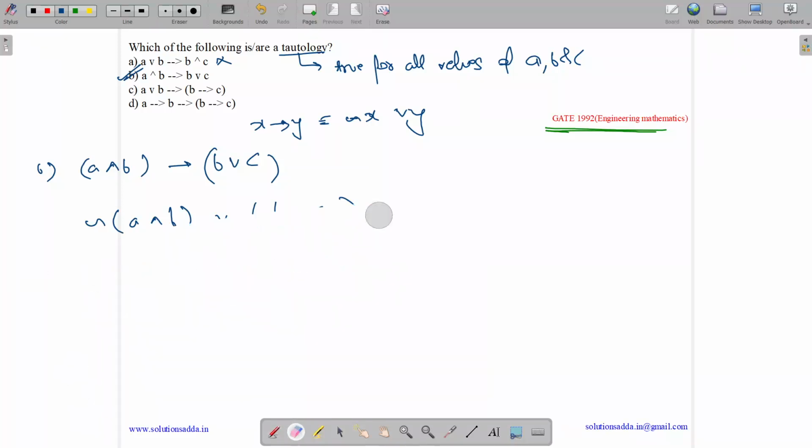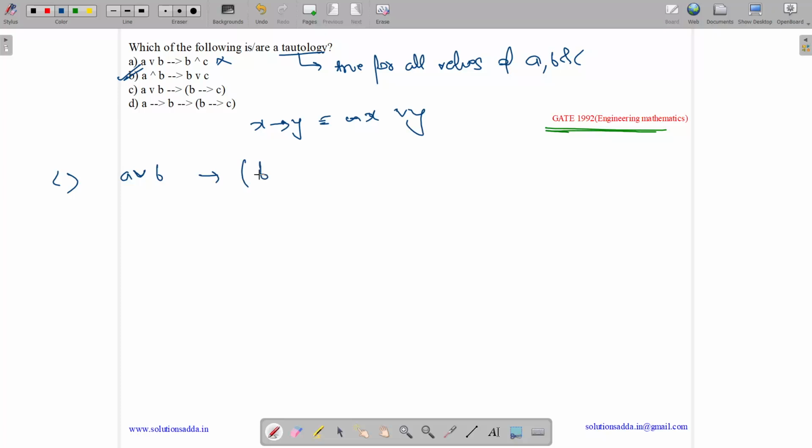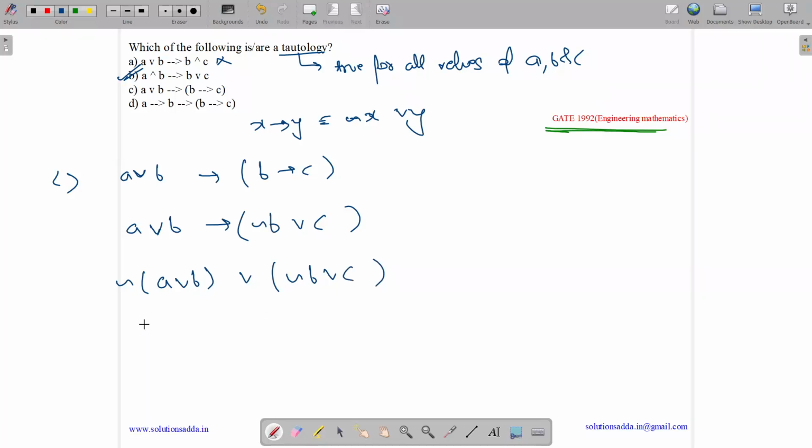Let us see option C. So option C states A or B implies B implies C. So if we expand the second implication, we will get negation of B or C. Now if we expand this, we will get negation of A or B, or negation of B or C. So we will get negation of A and negation of B, or negation of B or C. Let us try to make it false.